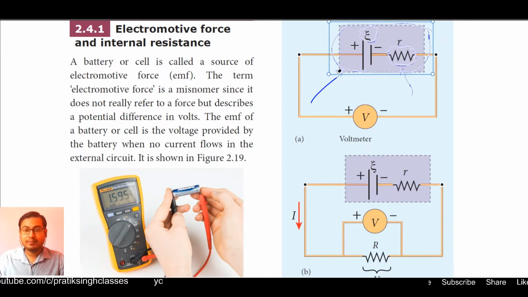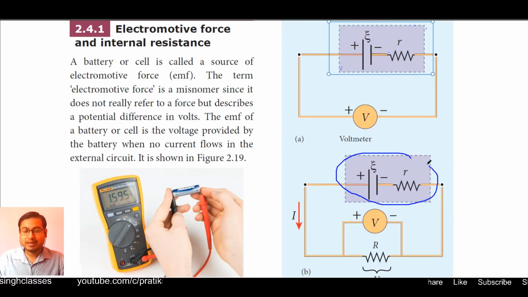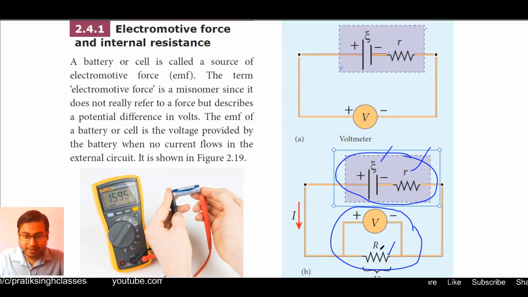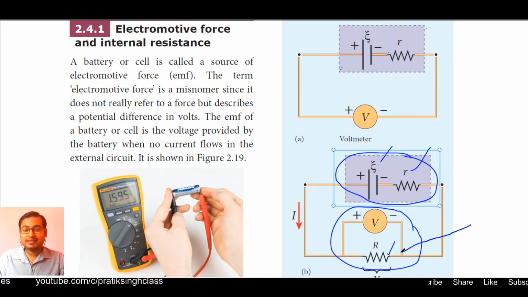A simple diagram is given here, but if you see figure 2.20b, this is the battery having EMF Xi and internal resistance R, and it is connected with another setup where we have a voltmeter and an external resistance R. Here the battery is connected with a high external resistance R in series, but the battery and the voltmeter are in parallel.